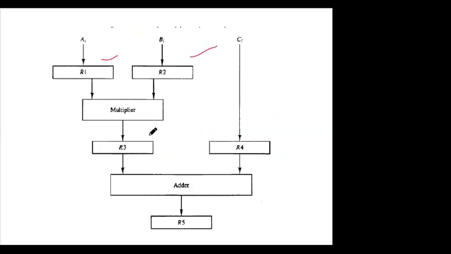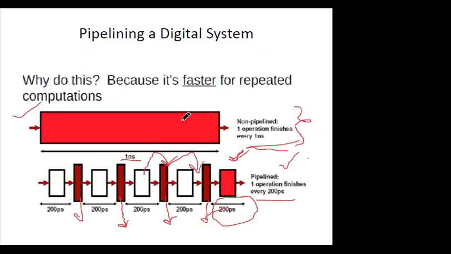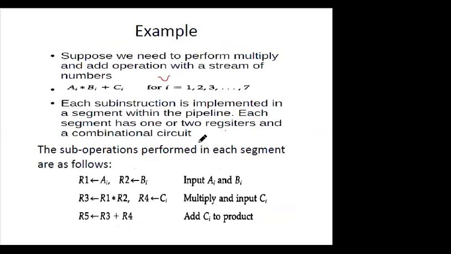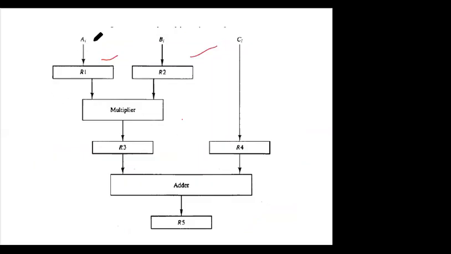These are buffer registers, as we were talking about buffer registers in the pipeline, storing the values. First the pipeline has to be filled. This is an execution unit. There are multiple execution units and buffer registers.